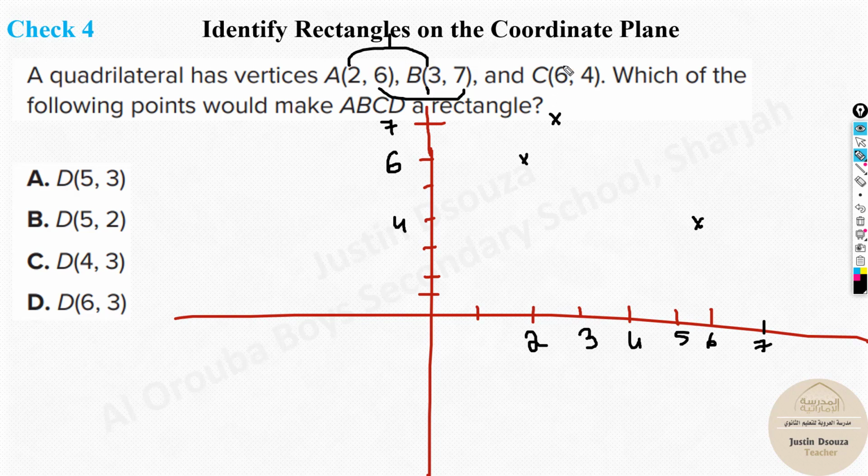So this next point can be either right side or left side. It can be either 5 or 7, and here also it can be either 3 or 5. It's either 7 comma 5 or 5 comma 3. Only these are the possible answers. Why? It should either shift down and move left, or it should go up and move right. These are the only possibilities to make this a rectangle.